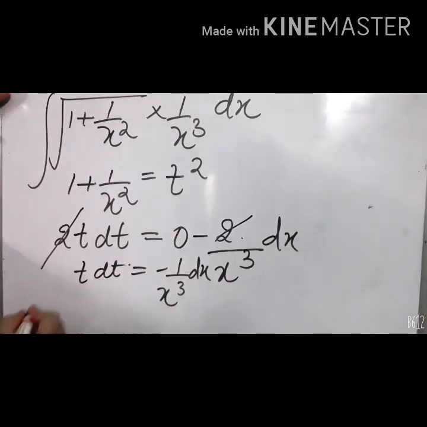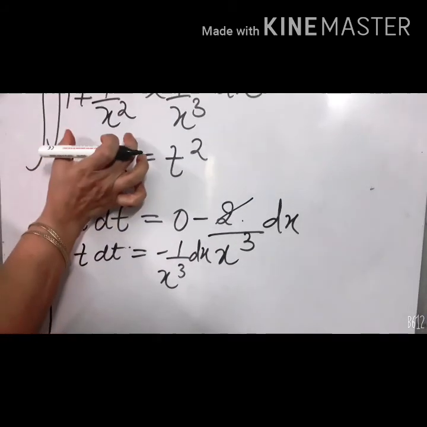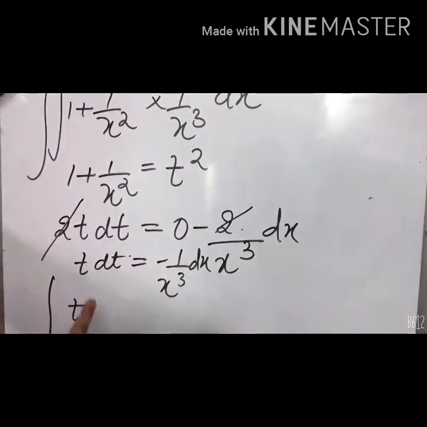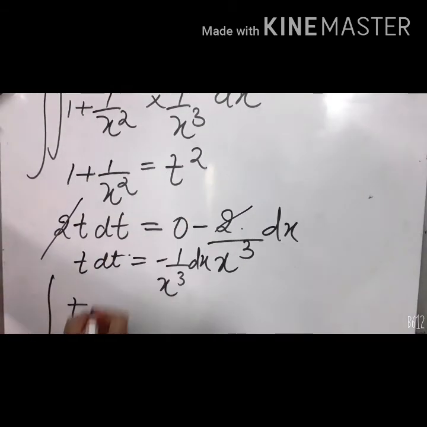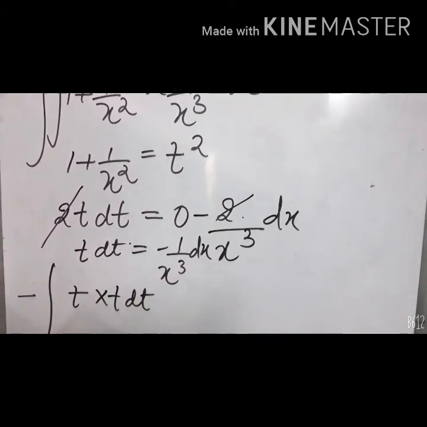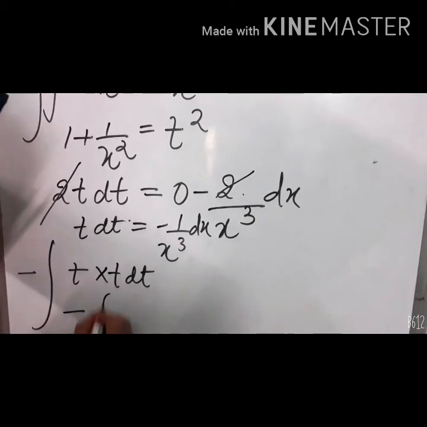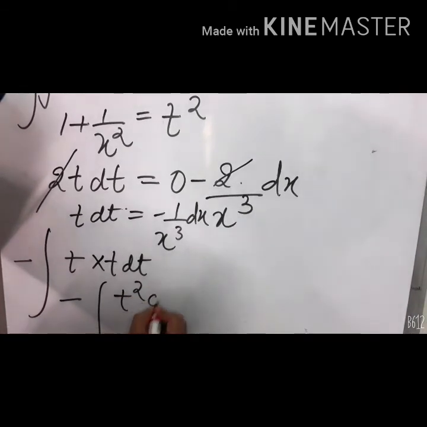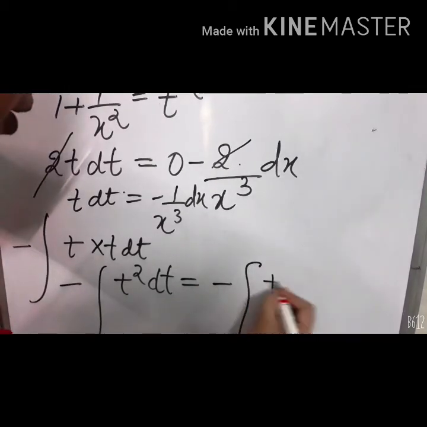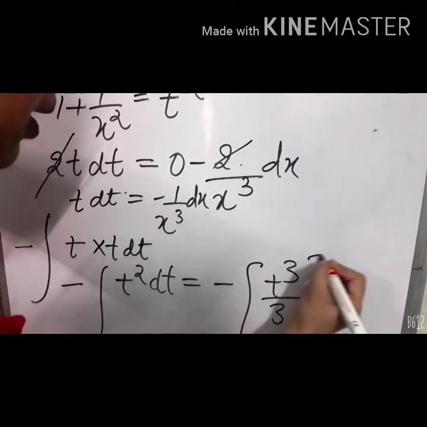Now I am putting the values. See, the whole thing is t square, so t will come out and it becomes t dt. Negative sign I am keeping out. So it becomes minus of t square into dt is equal to t cube by 3 plus c.